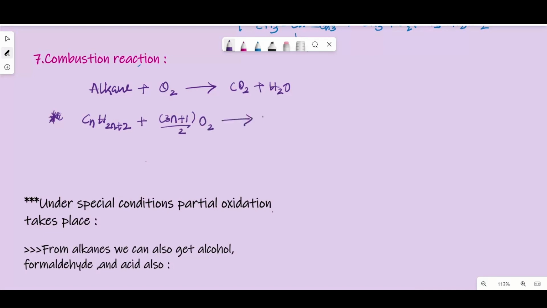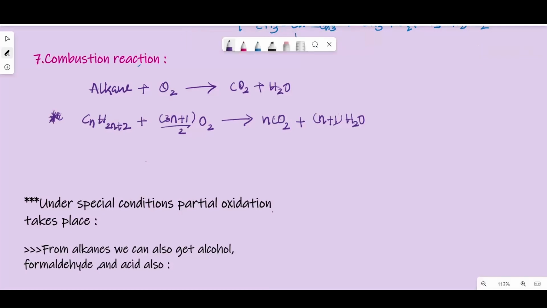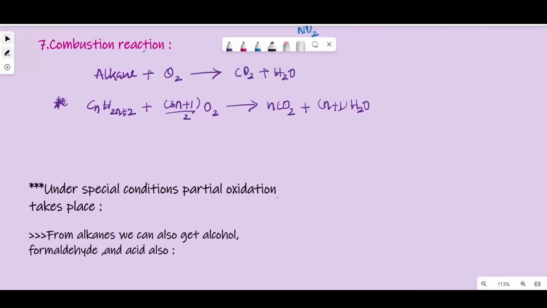We will get n moles of CO2 plus (n+1) H2O. You can remember this form whenever you get a combustion reaction, and you can balance it very easily with this.